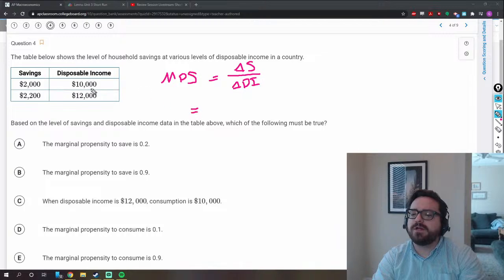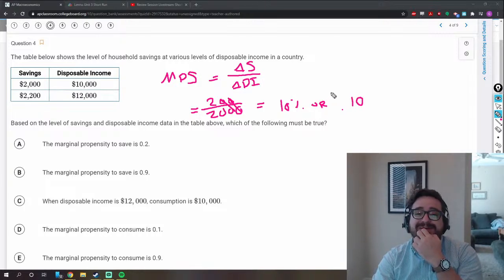So in this situation, my savings changed by 200. My income changed by 2,000. 220, this is 110. So 10%, or 0.1. Now that is my MPS.